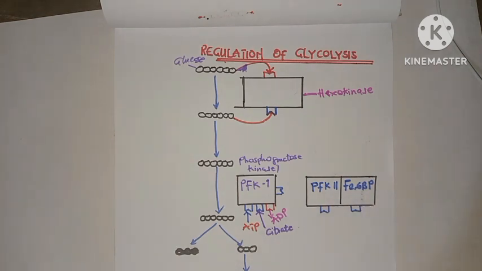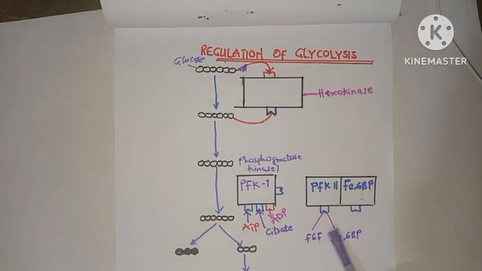Fructose 6 phosphate, in the presence of phosphofructose kinase 2, can convert to fructose 2,6 bisphosphate.